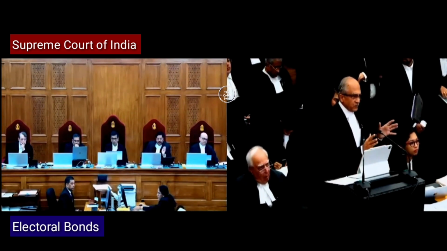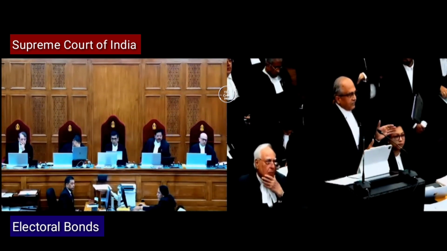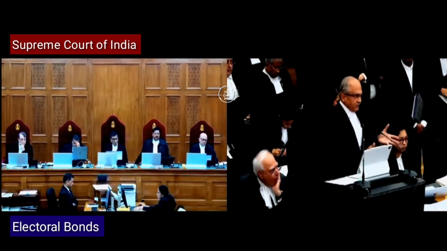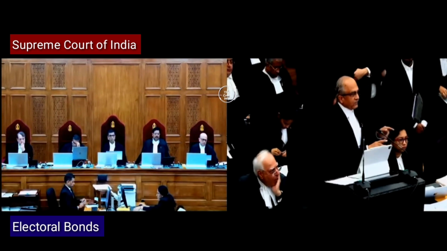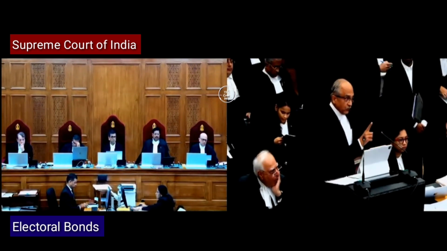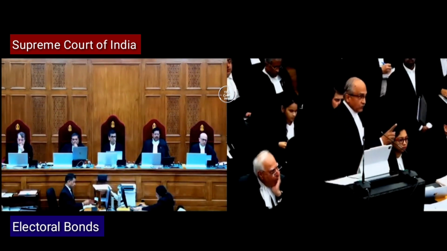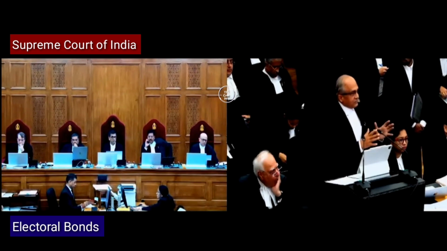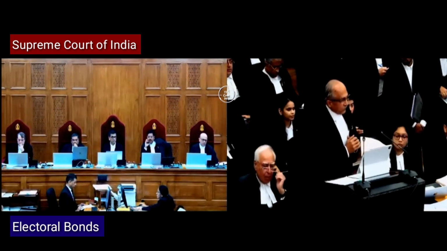this slew of amendments has done, it has, on the one hand, my lord, introduced an opaque instrument by which nobody can come to know other than the government. It is only the government who may be able to come to know as to who has contributed to whom, because under the scheme, State Bank has to issue the electoral bond.